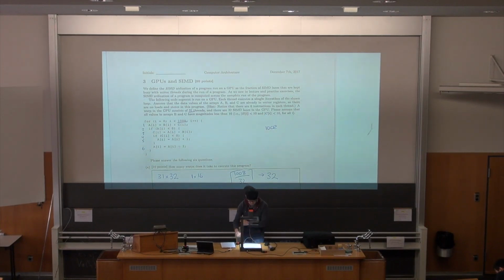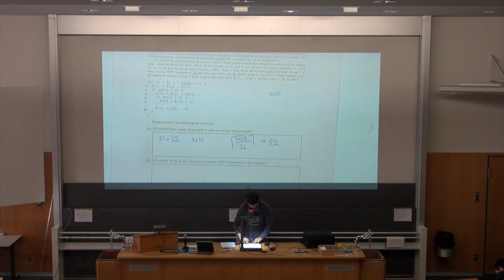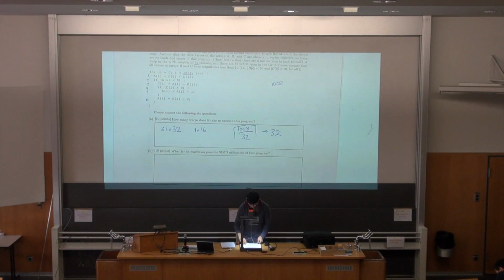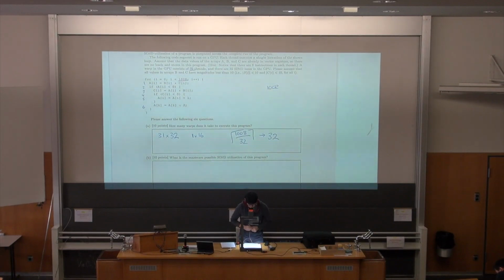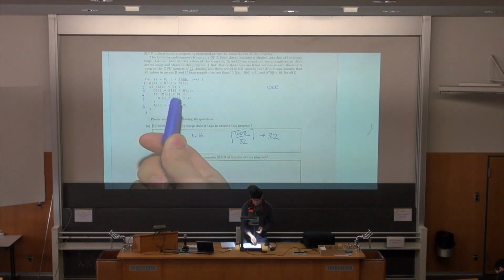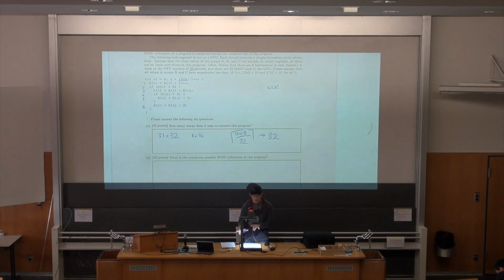The next question asks what the maximum possible SIMD utilization of this program is. Basically, we want to compute how many of these threads per warp are actually doing something important across this entire program.